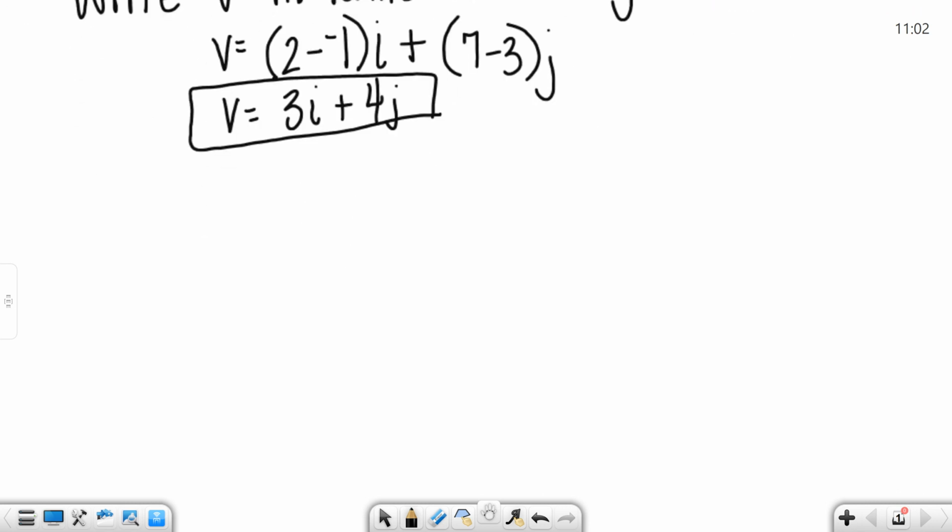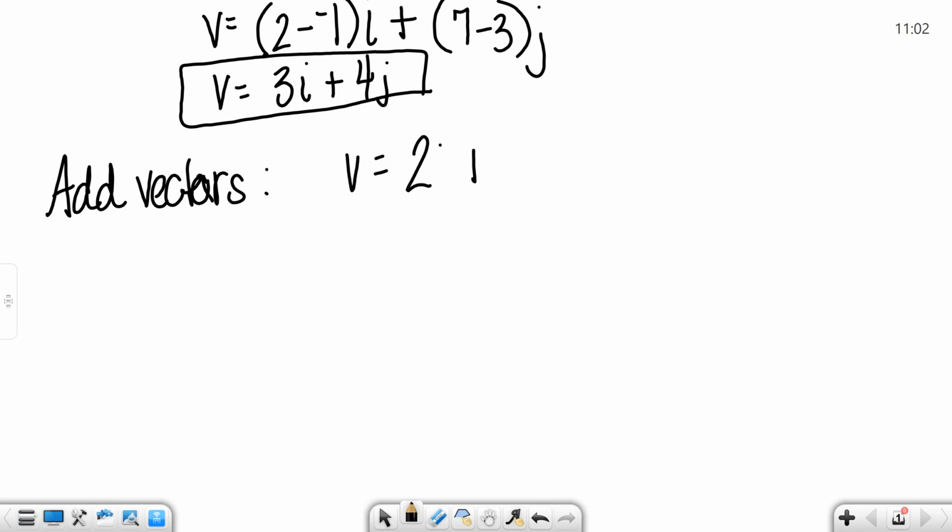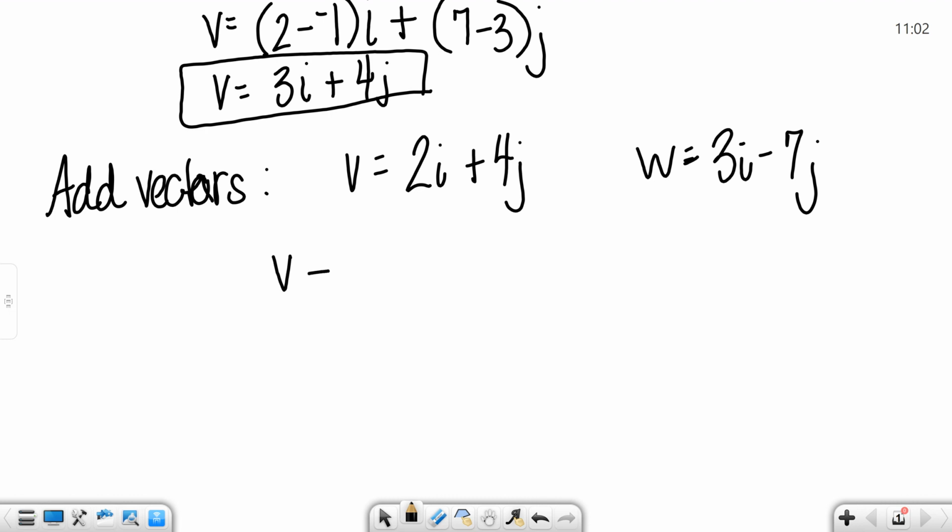Now, we can do things with vectors like we can add them, we can subtract them. We can do all sorts of things with our vectors. We are not limited to what we can do with vectors. So let's say I have two vectors that are in this form. If I've got those two vectors and I want you to add vector v plus vector w.